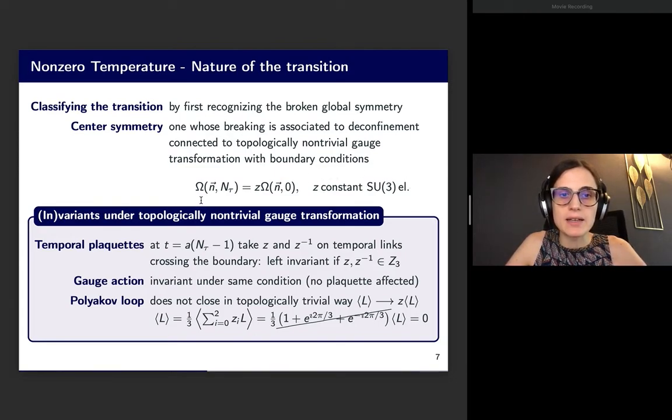Then let us ask ourselves what happens to our theory. So what are the quantities that are left invariant, or what are the quantities that vary under topologically non-trivial gauge transformations of this type?